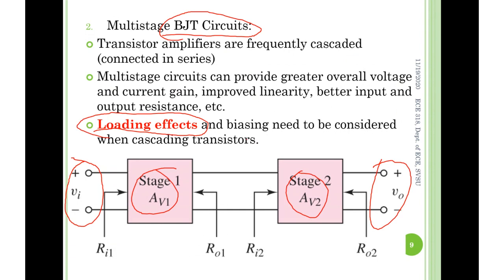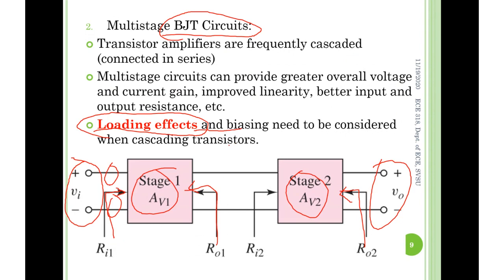Anyways, and here loading effect you need to worry about, which means you want to make the input impedance as high as possible, make the output impedance as low as possible. Yeah, just this guy here. Loading effect. These concepts remain same as in the MOSFET.